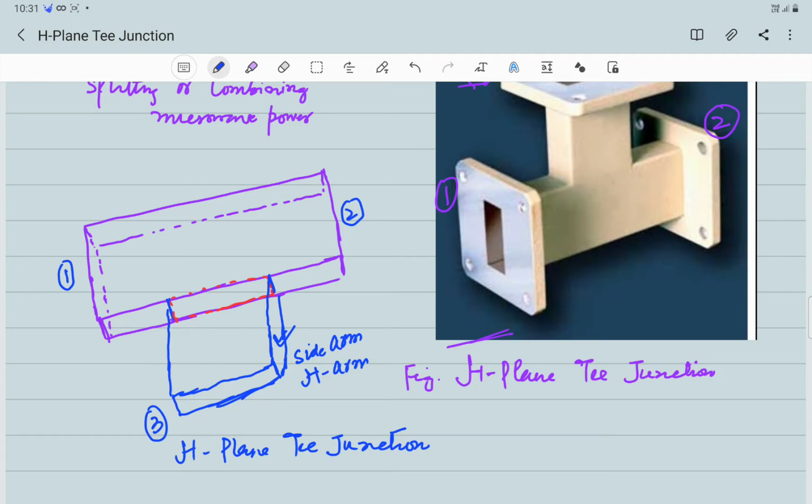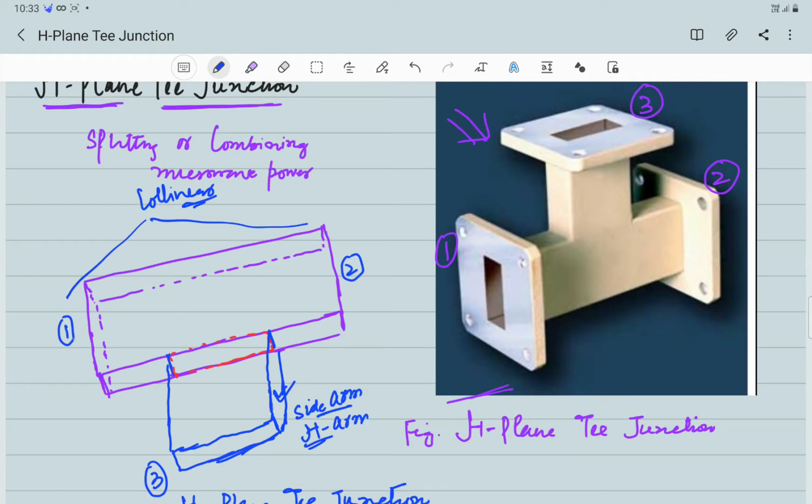Ports 1 and 2, as we can see, are collinear, as they are in the same line. And port 3 is in the side arm, as I said. These ports 1, 2 and 3 are shown here in the physical structure of the waveguide.